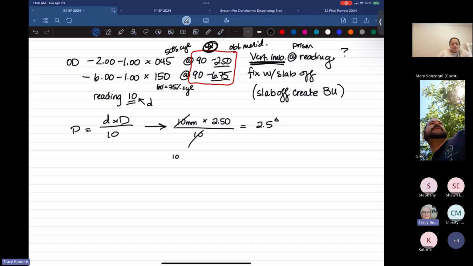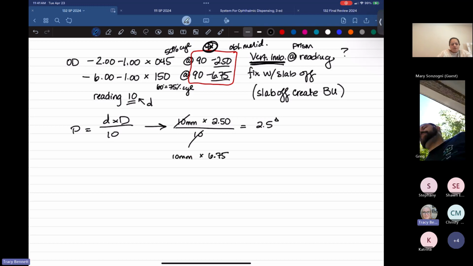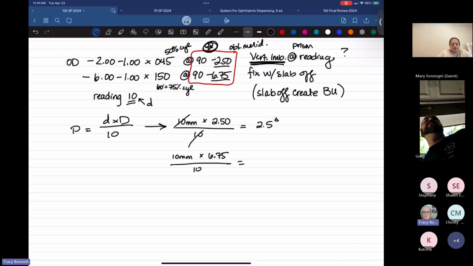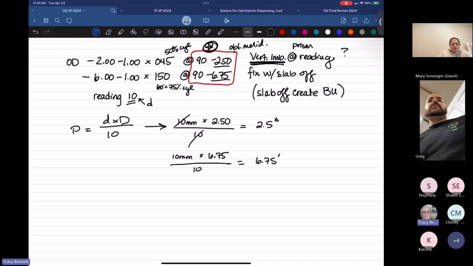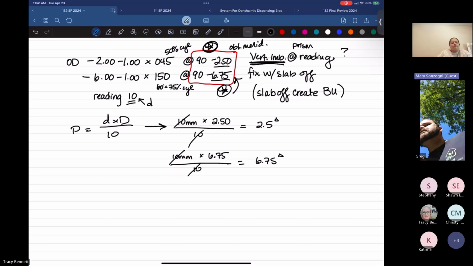It's the same thing with this one: times the power of that lens divided by 10 is going to be 6.75. You'll come up with the same thing in your calculator, but whenever you're given a 10, once you get to this point, those powers are your prism amounts.